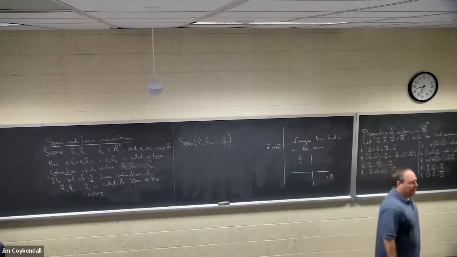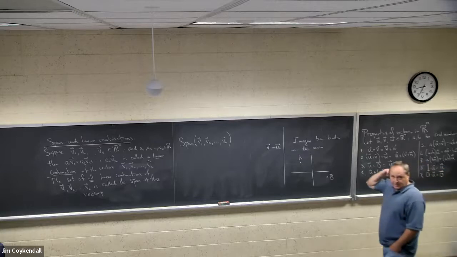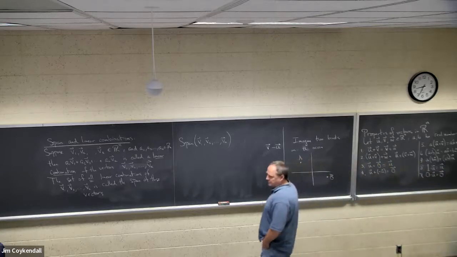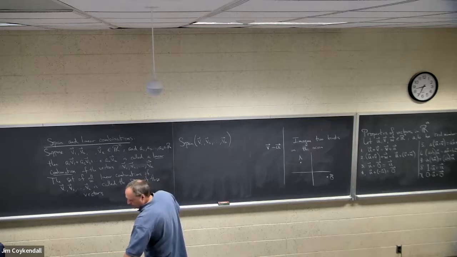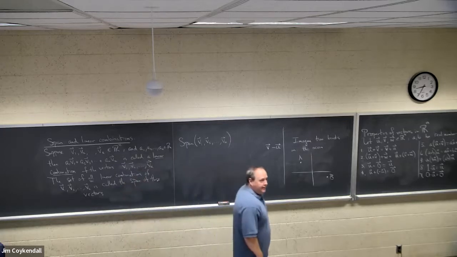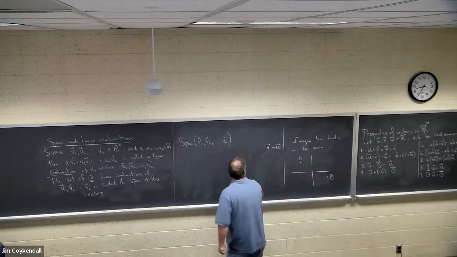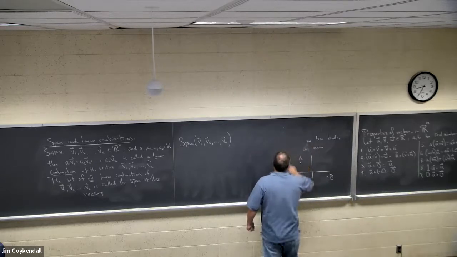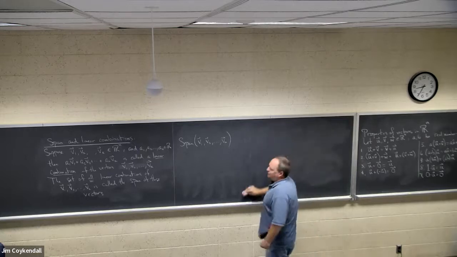So the span of a collection of vectors is just every single possible linear combination that you can get. So let me ask you this question.